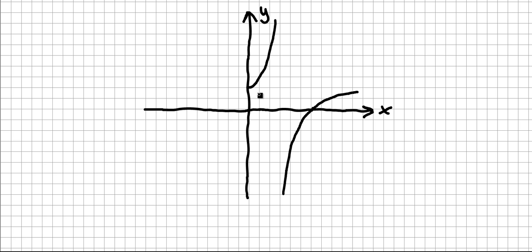So if this were an even function, this would be like this on this side of the y-axis, and this point would be here, this point would be here, the x-intercept would be over here, the same number but negative value. This point would be here, etc. So it would be something like this, more or less. Okay.